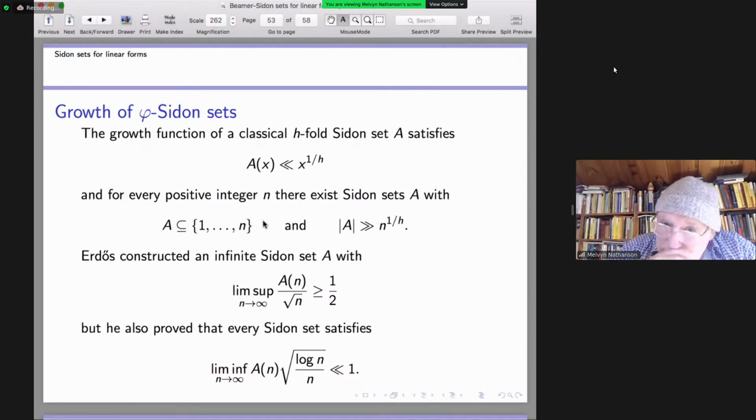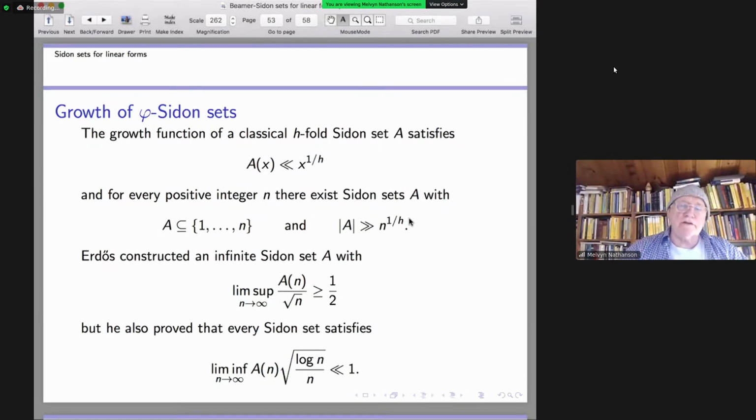And there are various constructions of Sidon sets, subsets of the integers from 1 to n, where in fact you can have the right order of magnitude, the number of elements of the set is greater than a constant times n to the 1 over h. So there's a really famous and significant result of Erdős that shows the difference between extremal problems of this sort for finite sets and for infinite sets. So on the one hand, Erdős constructed an infinite Sidon set A, where, so these are Sidon sets now in these two examples where h is equal to 2.